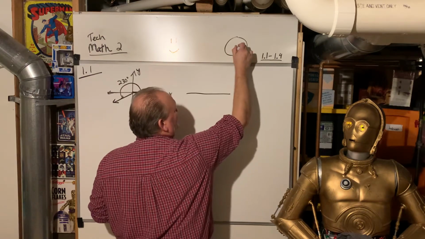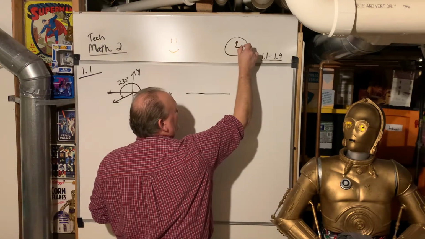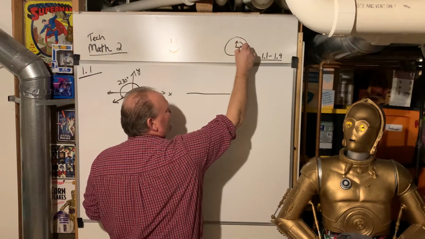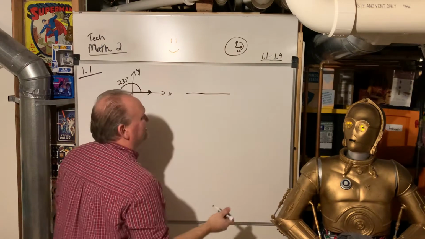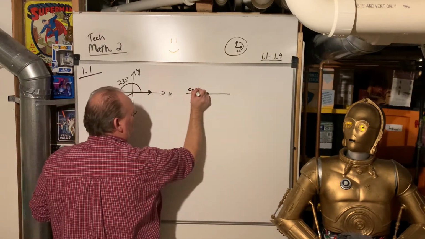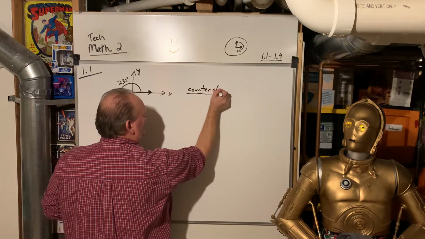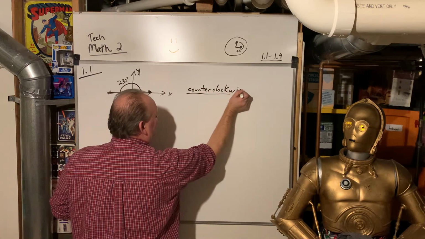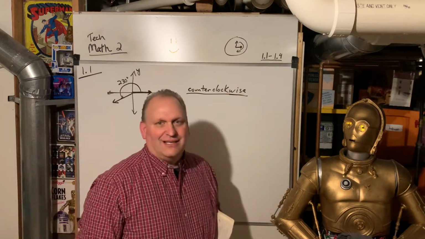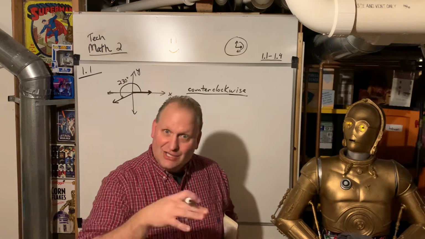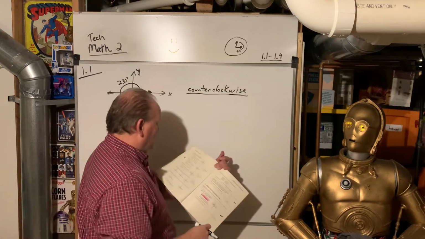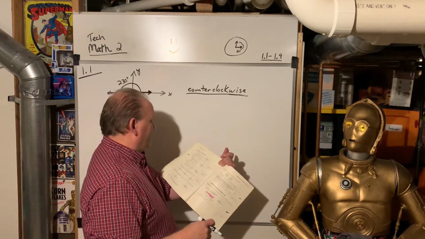If there's a circle clock with the numbers on it, the clock hands go this way. That's called clockwise. And the opposite of that is called counterclockwise. Only recently did I have to explain clockwise and counterclockwise, because a lot of you probably haven't experienced circular clocks anymore. Everybody has a digital clock.